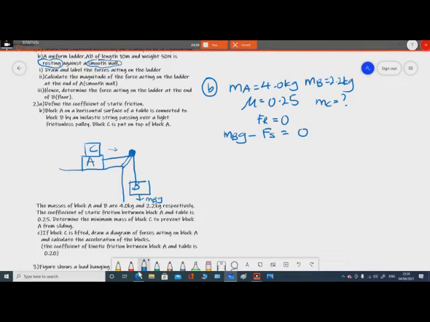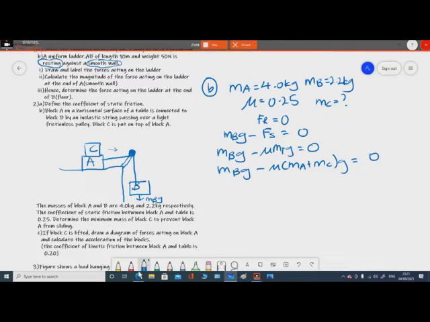This is the resultant force. So mBg minus mu times m total times g, where m total is mA plus mC, is equal to 0.